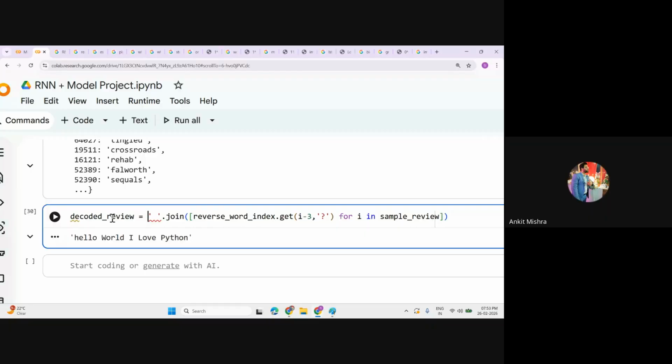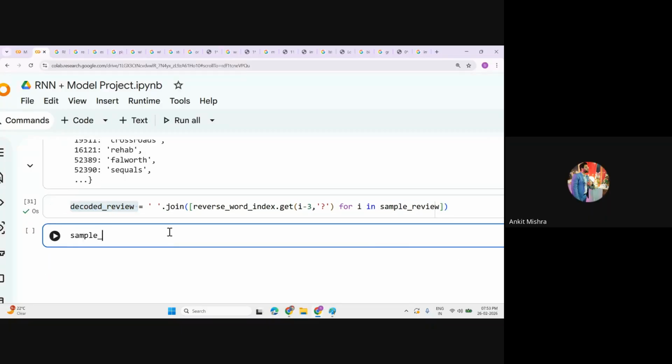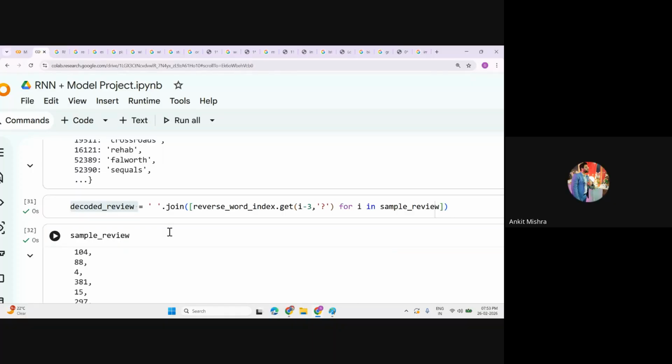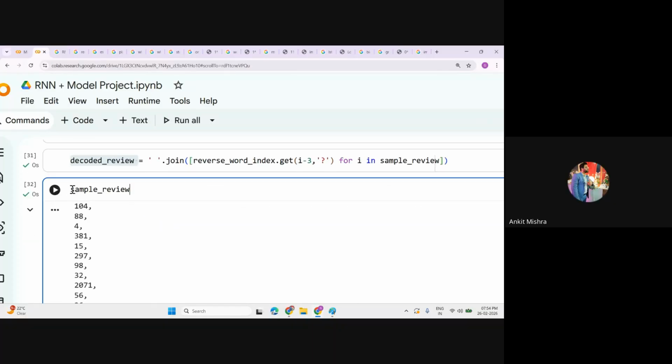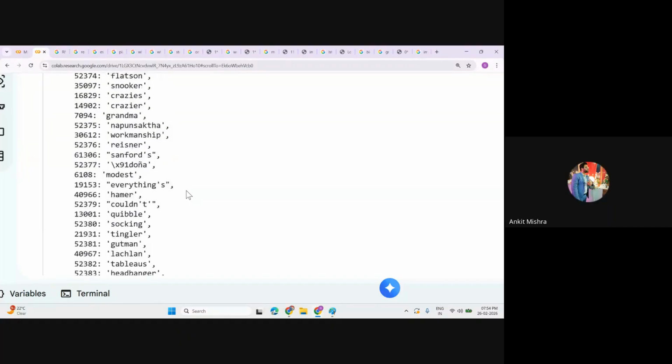Okay, and if you run this, then you can check the sample review was something like this, but if I want to get the decoded review, instead of this you can simply print your decoded review, right? And this is the answer that you are getting.